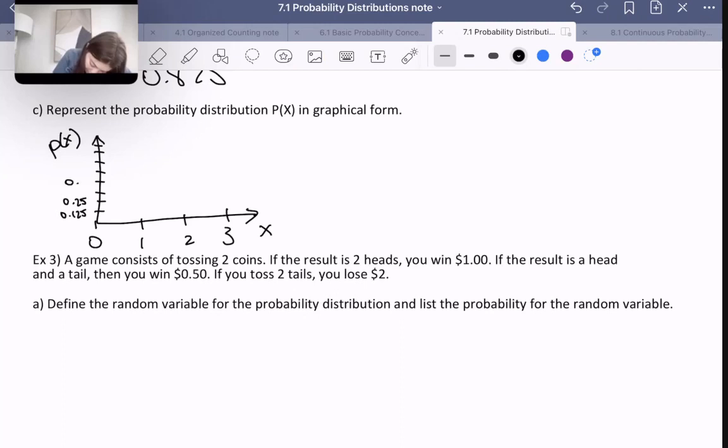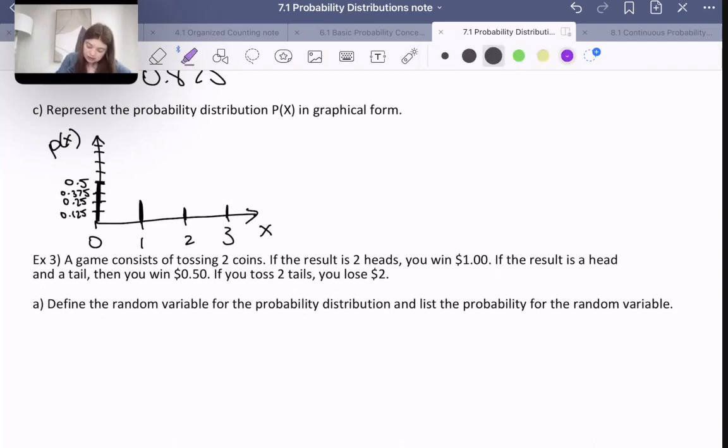And I guess that would make this 1.5. Okay, so this one will go up to here, and this would be 0.375. Okay, so this one would go all the way up to here. This one would go up to here, like that. This one would go up like that.